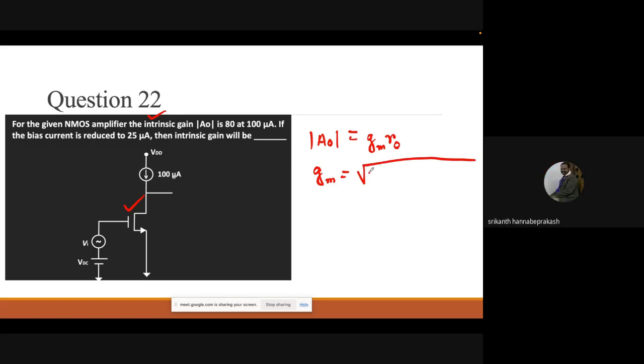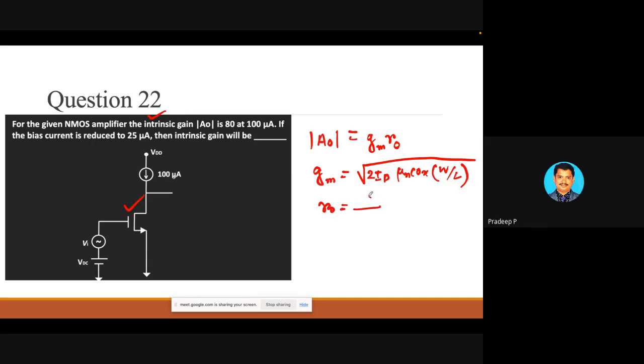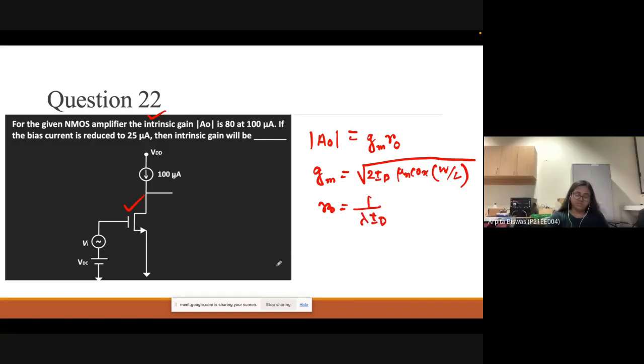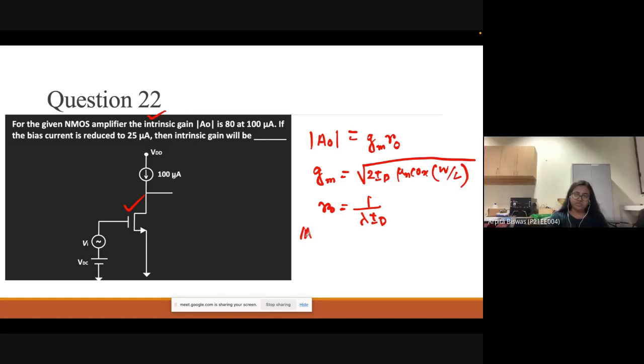Root of 2 mu n COX W by L into ID. Now tell me the value of R naught. 1 by lambda ID. Now tell me the value of magnitude of A0.